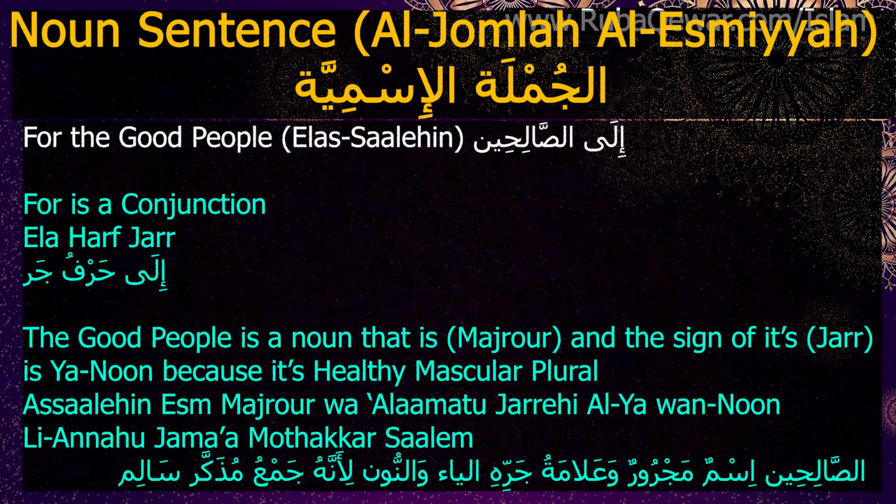I say إلى حرف جر. الصالحين is اسم مجرور وعلامة جره الياء والنون لأنه جمع مذكر.